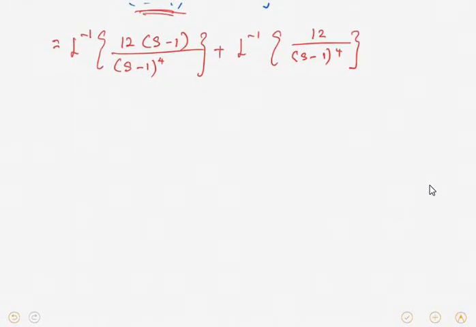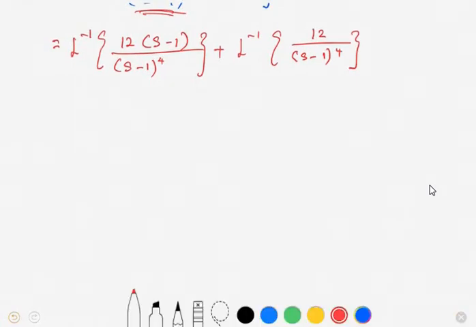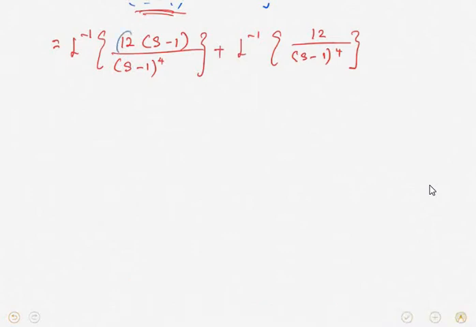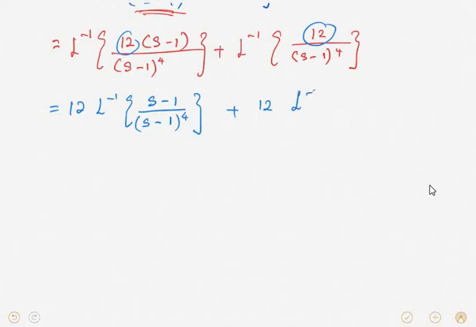Now, 12 is a constant. We take out the constant so that it is easy to solve the question. So we have 12 times (s minus 1) over (s minus 1) power of 4, plus also a constant, 12, times 1 over (s minus 1) power of 4.